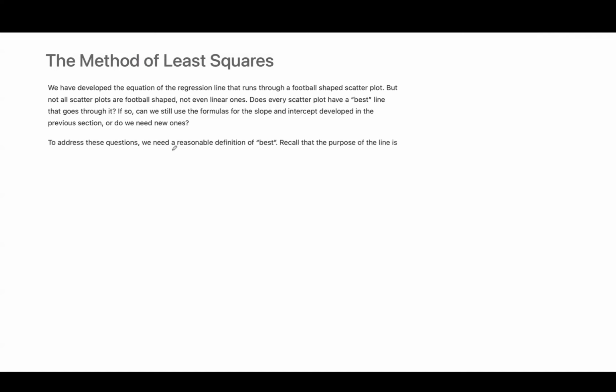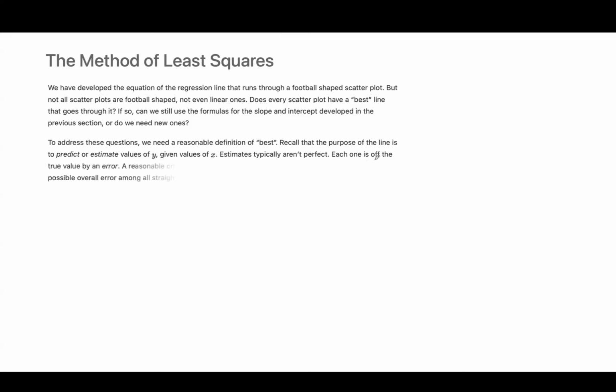To address these questions, we need a reasonable definition of best. Recall that the purpose of the line is to make prediction or estimation. And when you're talking about prediction or estimation, you always end up with an error. Estimates typically aren't perfect.